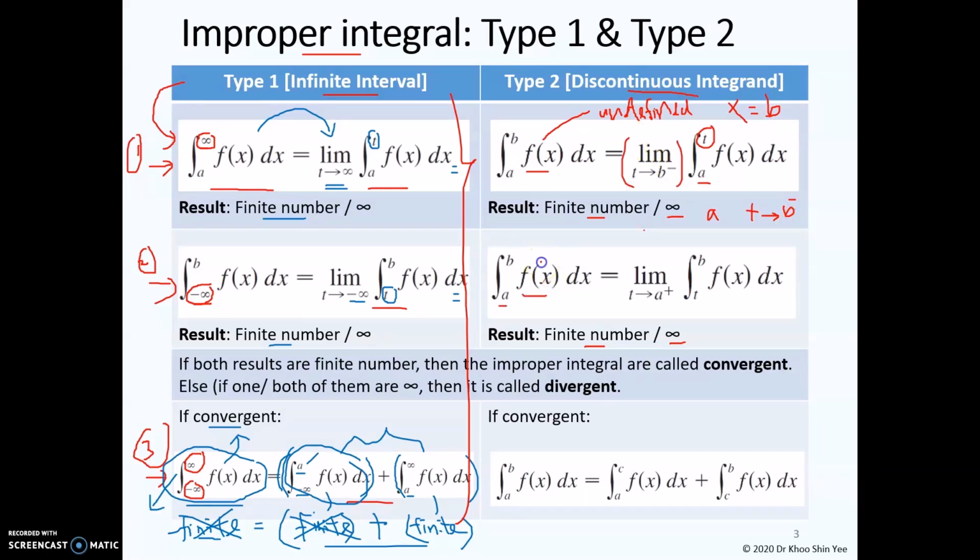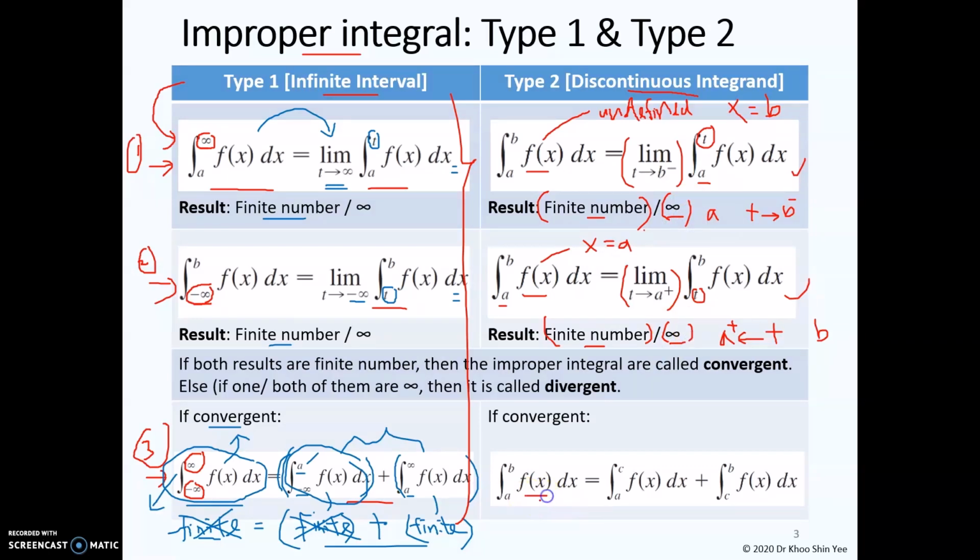If the function f(x) here is undefined when x is equal to the lower limit a, then you can substitute the variable t to be the lower limit here and take the limit like this, because you have a, t and b here, where t is approaching a from the right hand side. After you compute the limit and integration here, if you obtain a finite number, then we say the solution exists and it is converged.